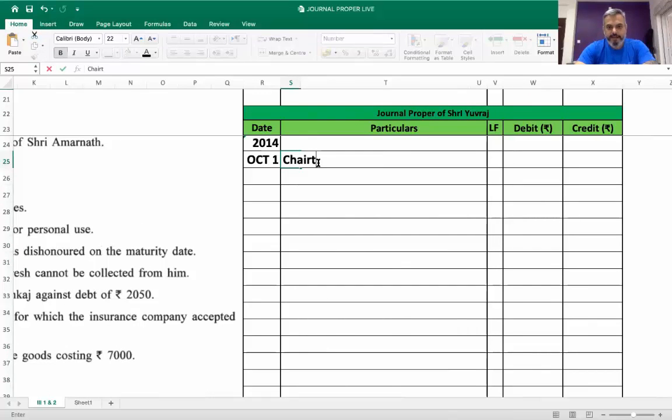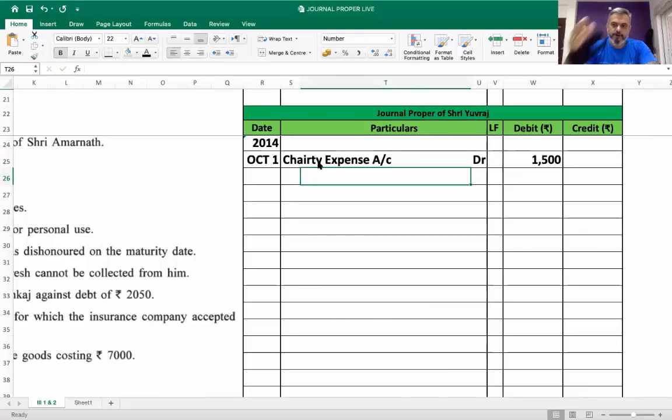So charity expense or charity account debit 1500. Now these goods we have given out of goods what we have purchased, so we credit to purchase account.